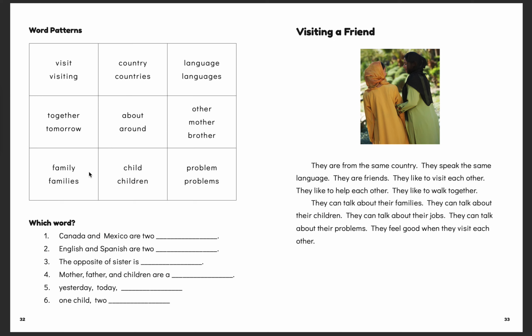So you can start to see patterns that help them to recognize patterns as they read more independently. And then they need to find the word that goes with the definition. So Canada and Mexico are two, and they would have to identify the word countries.